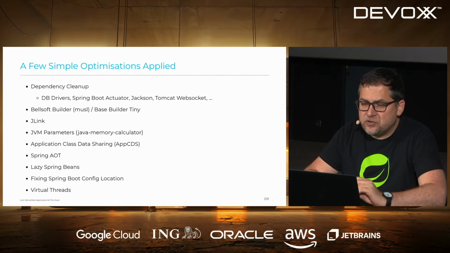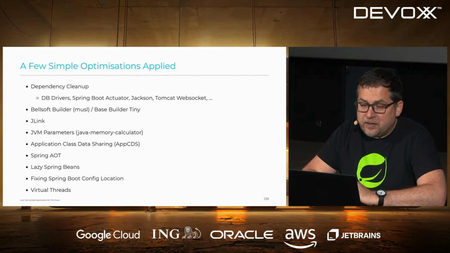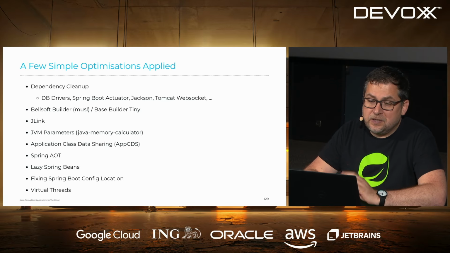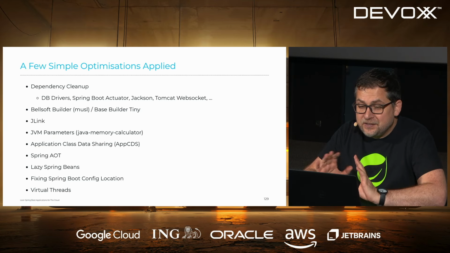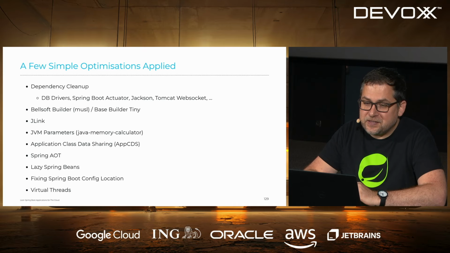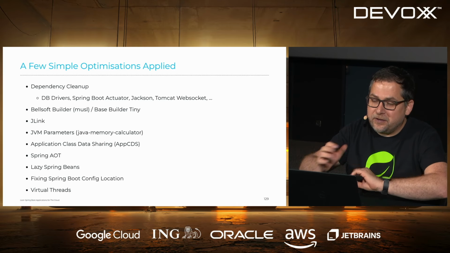Think of using JLink. Think of doing parameters, in this case with the JVM memory calculator, using AppCDS, using AOT caching, using lazy beans, using the fixed location, using virtual threads, and so on. So we could put things together in different ways.